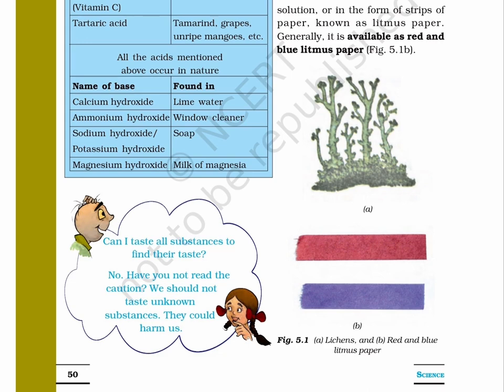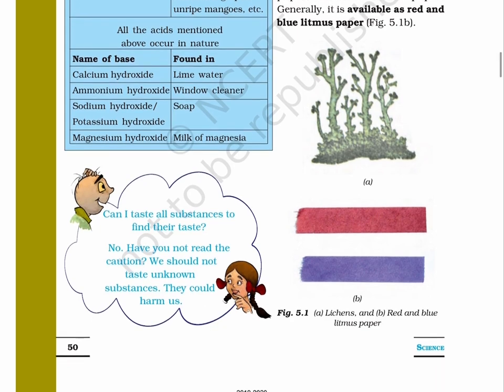There's another table given here. In this table, there are 2 columns and 4 rows. In the first column, we have name of base. In second column, we have where it is found. Row 1. Calcium hydroxide. This is found in lime water.